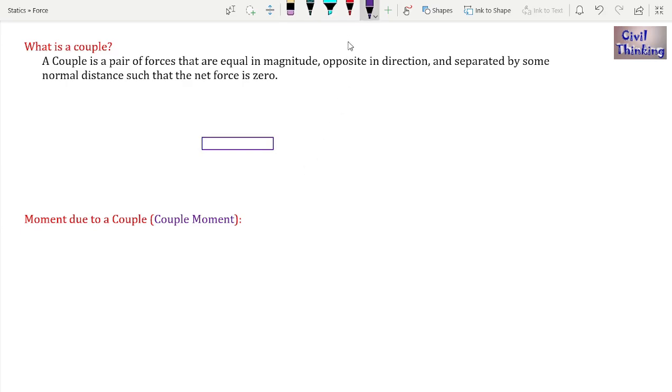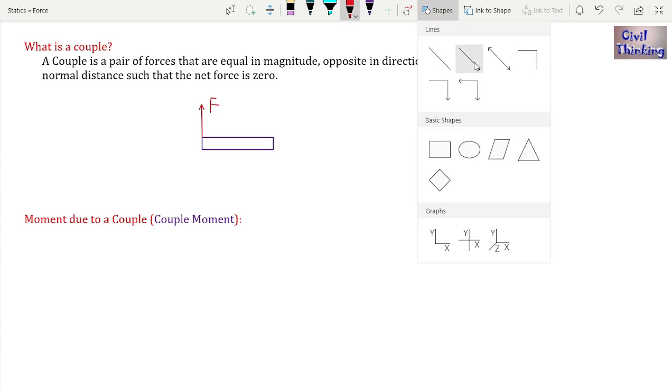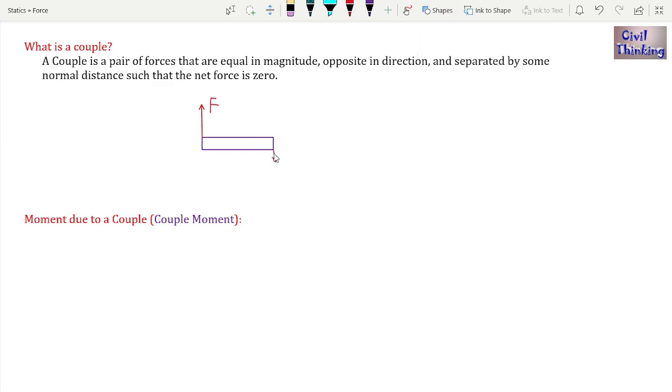This is a cantilever and we have equal forces acting. At this point we have a force like this. Let us say this is force F, and we have another force acting at this point, which is also F. The magnitude of this force is F and the magnitude of this force vector is also F. You can see this F force is in the upward direction, but this is in the downward direction, means the directions of these equal forces are opposite.